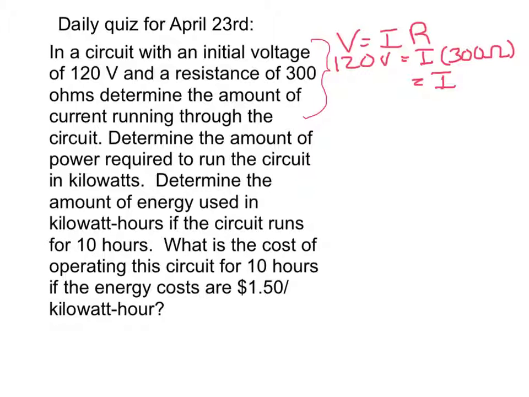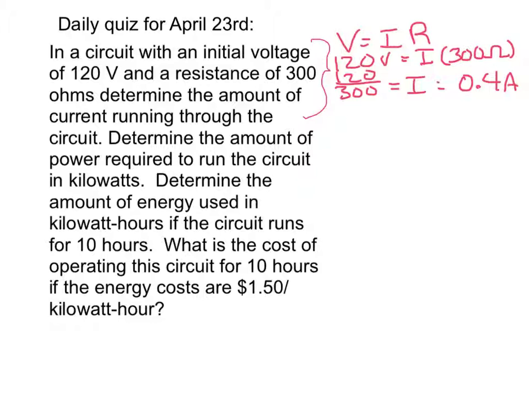So our I is going to be 120 divided by 300, and 120 divided by 300 is 0.4 amps.